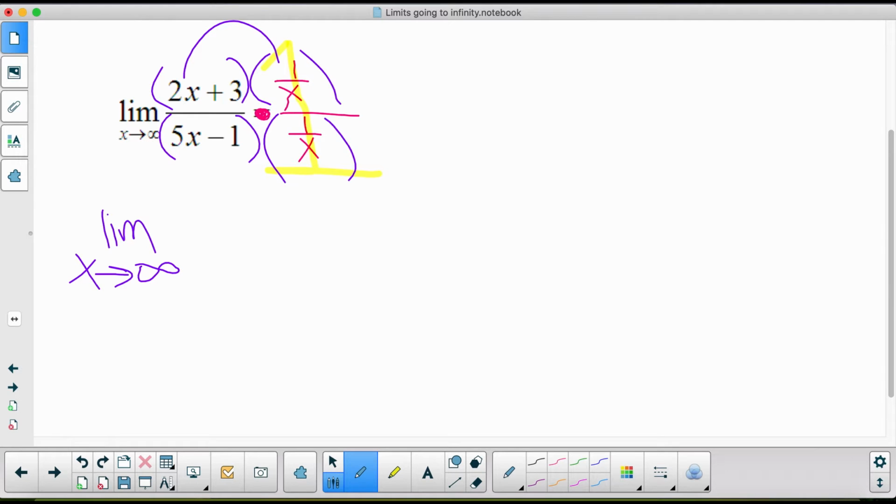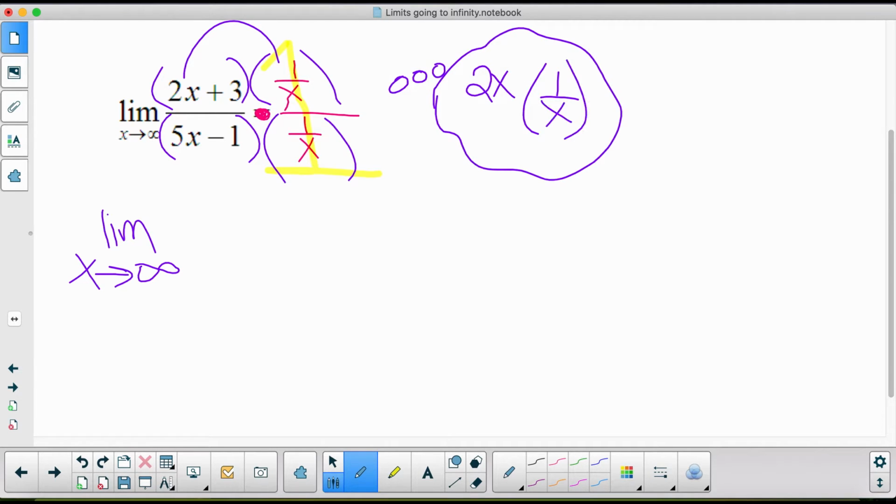And I'm just going to do a thought bubble over here because I'm not going to write out all these problems every time. But if you have 2x times 1 over x, guess what's going to happen? Right? Hopefully you see it. Your x's will drop out and you're just going to be left with 2.